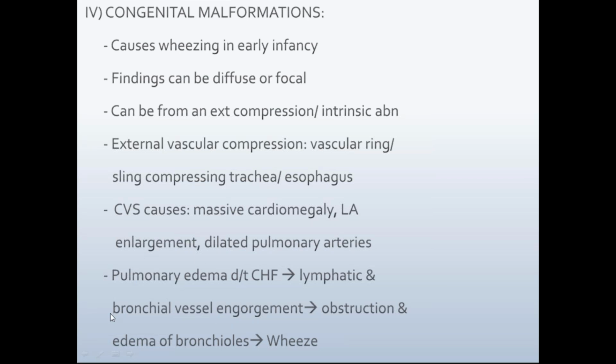Here the child will not respond to bronchodilators because the problem is not due to any hyperreactivity or vessel wall abnormalities. Here the problem is pulmonary edema. So in a cardiac wheeze, we treat with diuretics to get rid of all the fluid retained in the pulmonary capillaries, resulting in decrease in wheeze.